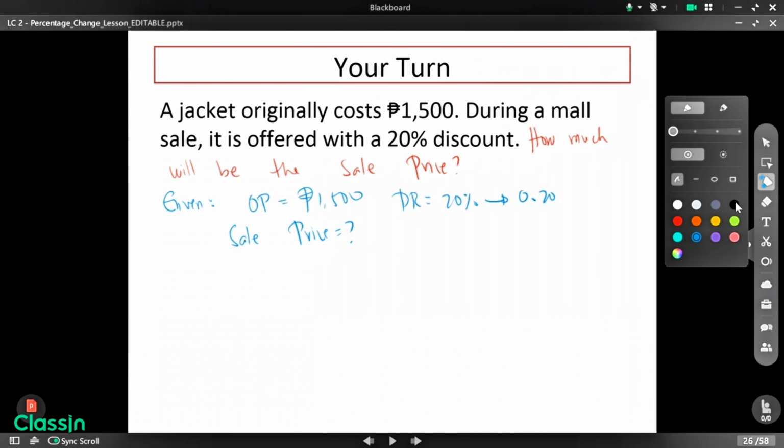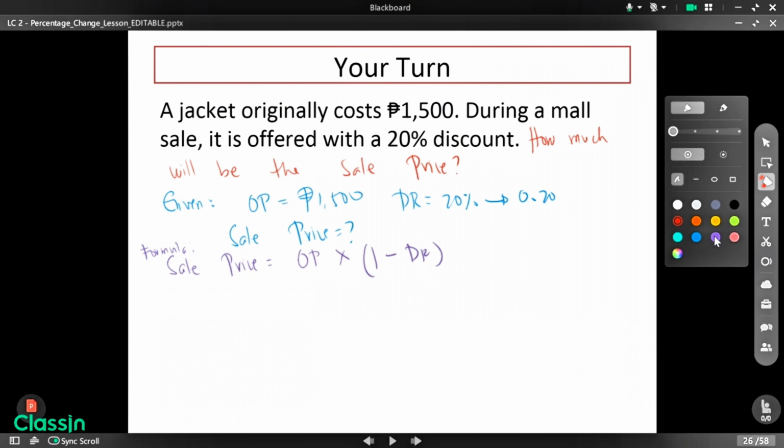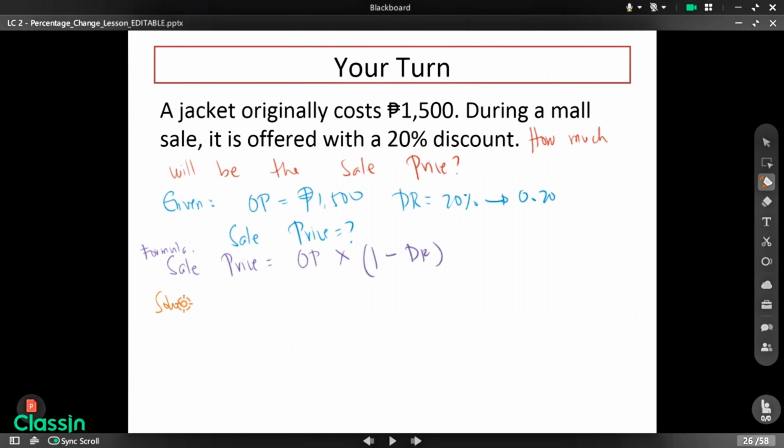So the formula that we must use for us to get the sale price is original price times 1 minus the given discount. Right, so this is the formula. Now let's have the solution.